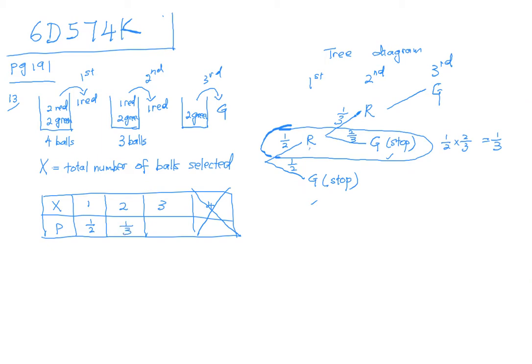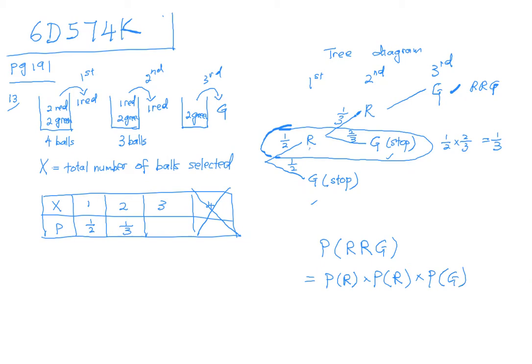Okay, now to get the third ball, this is the situation. You get red, red, and green. So I'm teaching you a different way of writing it: the probability that the first one is red, times the probability that the second one is red, times the probability that the third one is green.